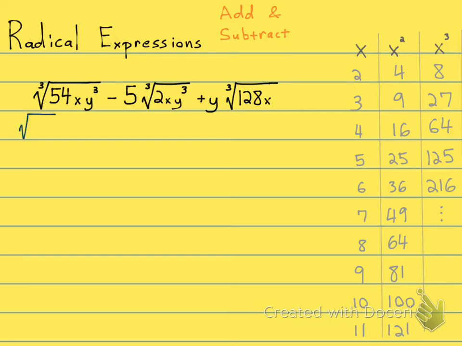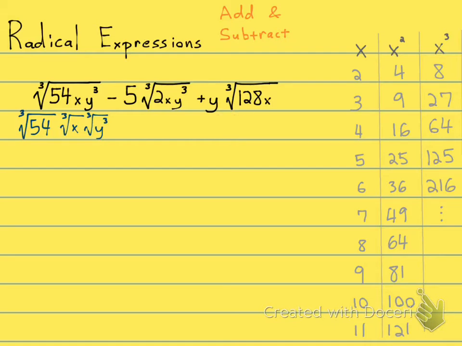Let's look at the 54 differently than we're looking at the x, and differently than we're looking at the y to the third. I'm just going to simplify this one first all the way down. Then I'll tackle this one, and then I'll tackle this one.